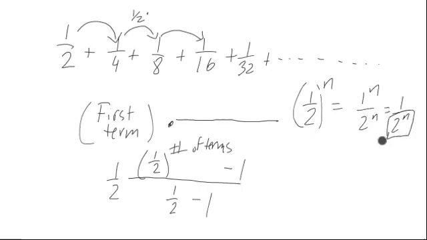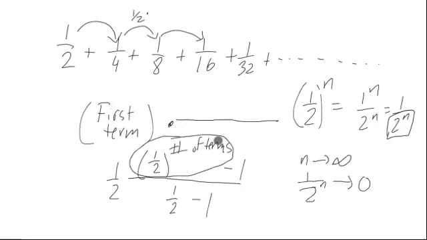Well, extremely small. So 1/2 to the n is a very small number. And as n gets bigger and bigger and bigger, this guy right here gets smaller and smaller and goes to 0. So as the number of terms goes upward, this guy right here goes down to 0.